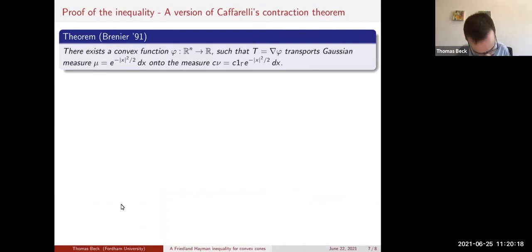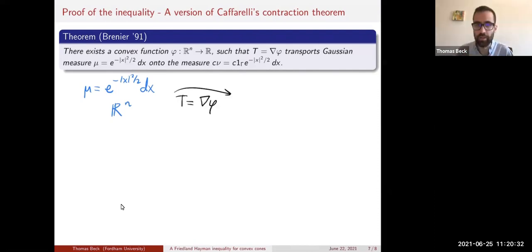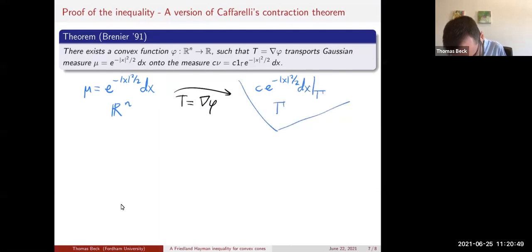So we start with Gaussian measure on Rn, and then we transport, using this operator T, which is the gradient of a convex function, onto Gaussian measure restricted to this convex cone gamma that we started with. Okay, where this constant C is chosen so that the two measures have the same total measure, allowing us to carry out this transport mapping.